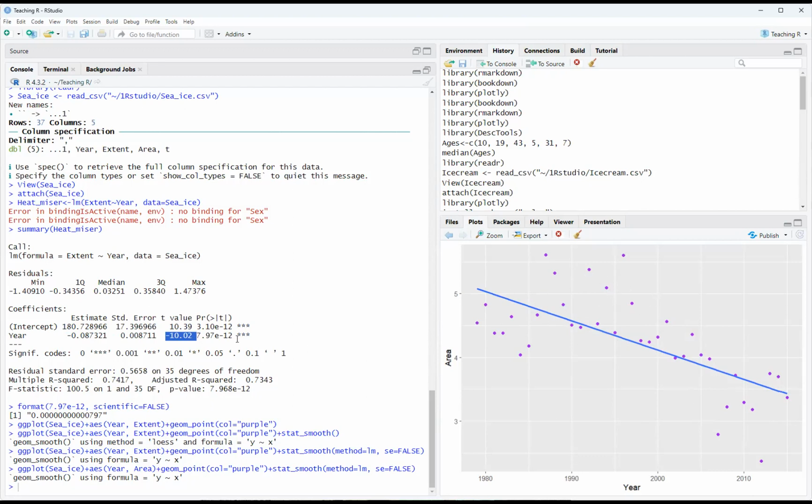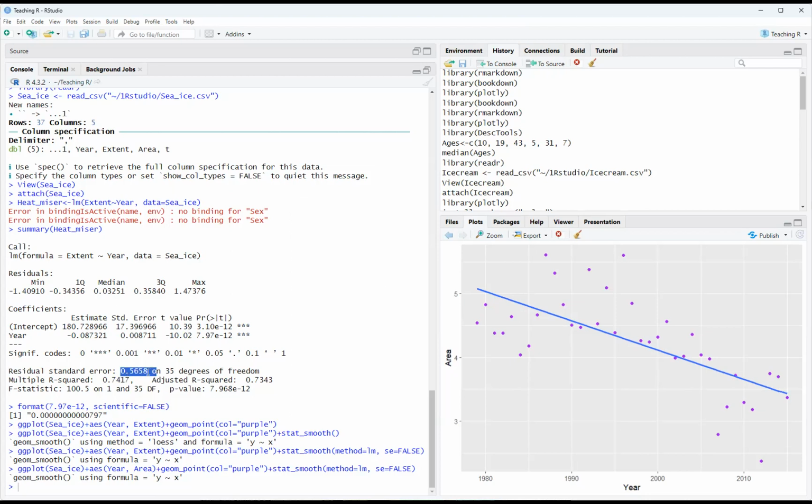They're moving away from 0. The p-value is telling us this is attributable to the independent variable year and not by chance. It's moving down, as you can see. This multiple R squared is saying this is very correlated with each year going down.